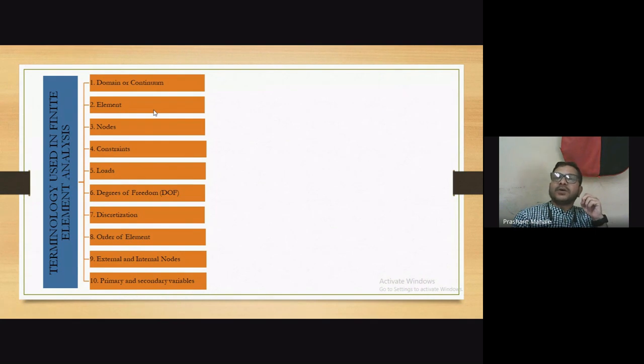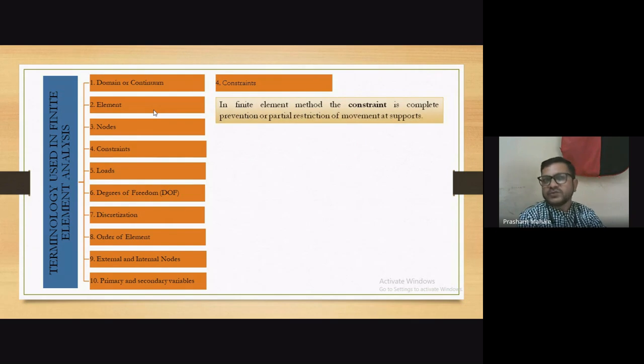Next is constraints. This is the general word used for resistances, limitations, right? In the finite element method, a constraint is complete prevention or partial restriction of movement at a source.